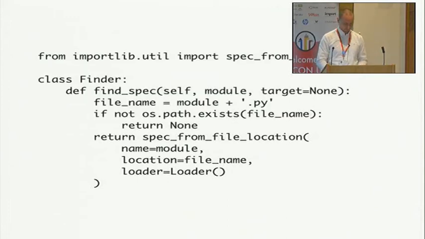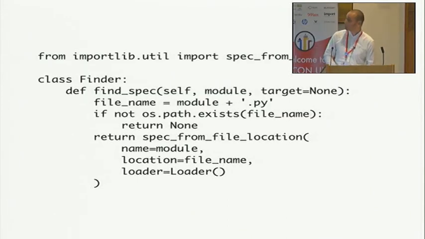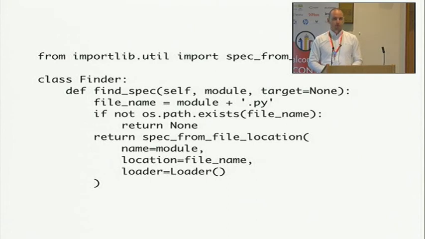In a minute. That's the whole code. So those of you who are still not asleep will maybe notice that this will only work with top-level modules, because if you have any package, then it's not as simple as adding your name plus py. You need to add slash underscore underscore init py. It's a corner case. We're not dealing with that.